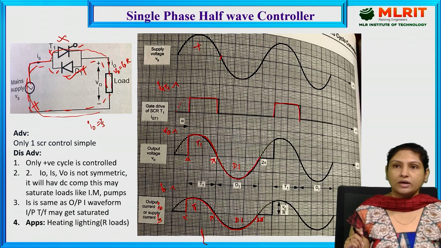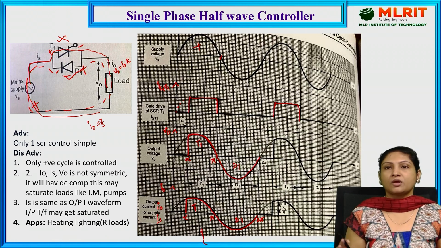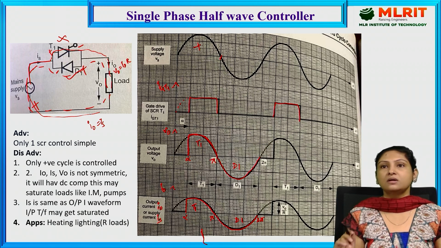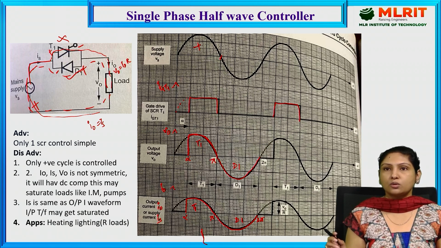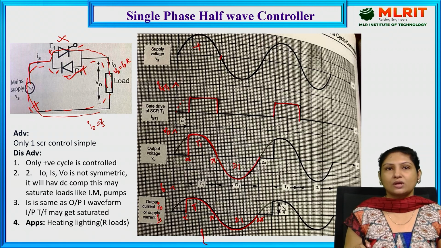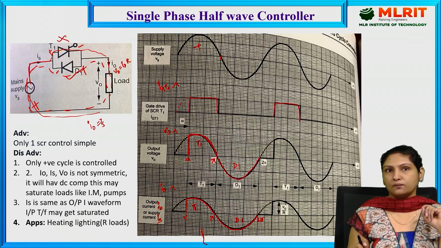Coming to the disadvantages, only the positive half cycle of the output voltage is controlled, whereas the negative half cycle of the output voltage is just similar to that of the supply. We are unable to control the output voltage there because we are making use of another device, the diode, which is an uncontrolled device. That is the reason only the positive half cycle is controlled. That is one of the drawbacks.